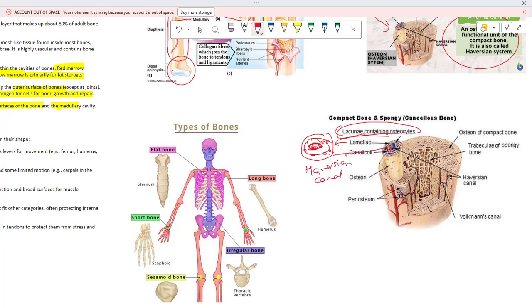That's where you find the blood vessels, the arteries, the veins, and even nerves, okay, that bring blood to the bone. And the Haversian canals are connected by another canal known as the Volkmann's canal. Okay. So those are some names that you come across when you are talking about the bone.